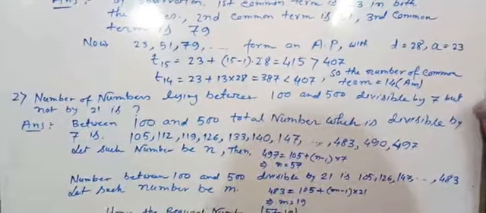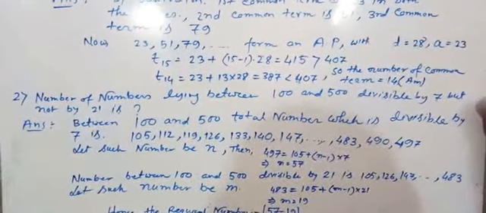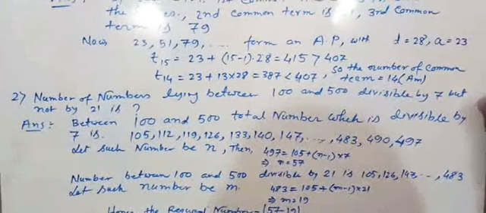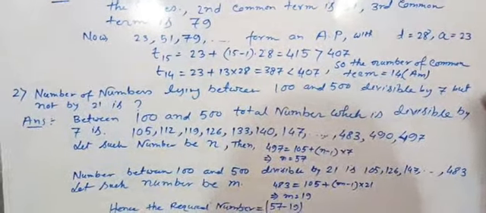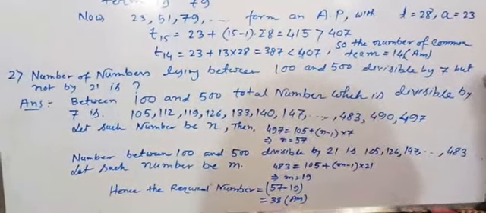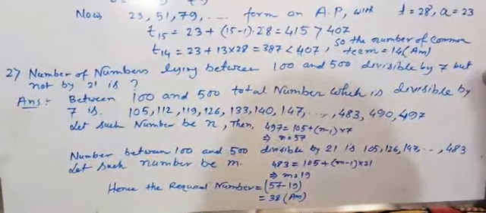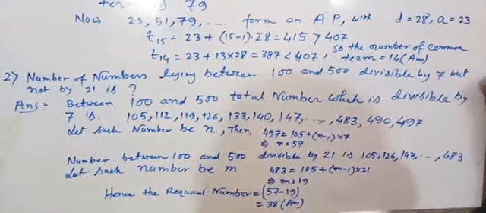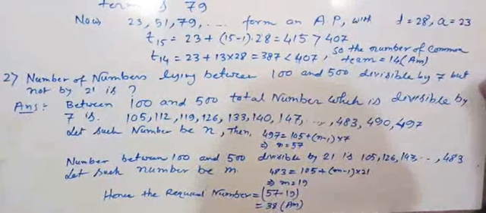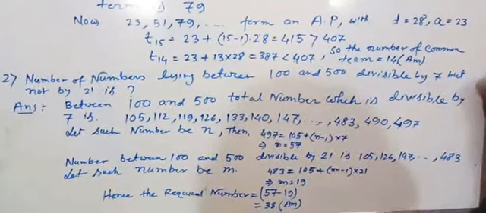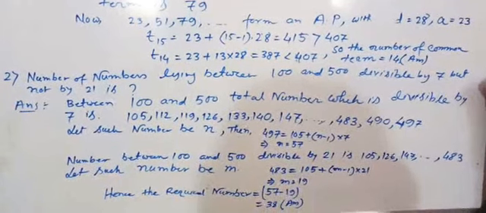Another question: find the number of numbers lying between 100 and 500 that are divisible by 7 but not by 21. Look at the answer. Between 100 and 500, the numbers divisible by 7 are 105, 112, 119, and so on. Let there be n such numbers.